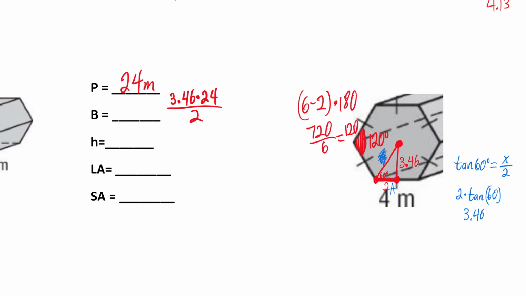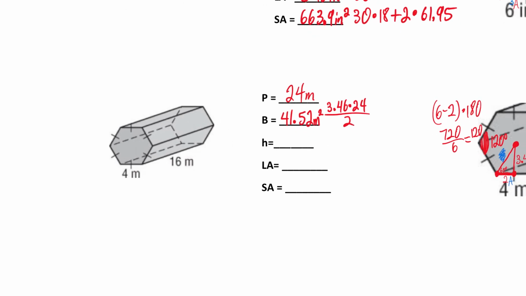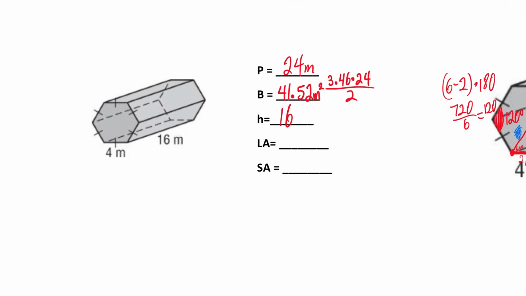What does that give you? 41.52. Okay, what's the height of this prism? 16 meters.